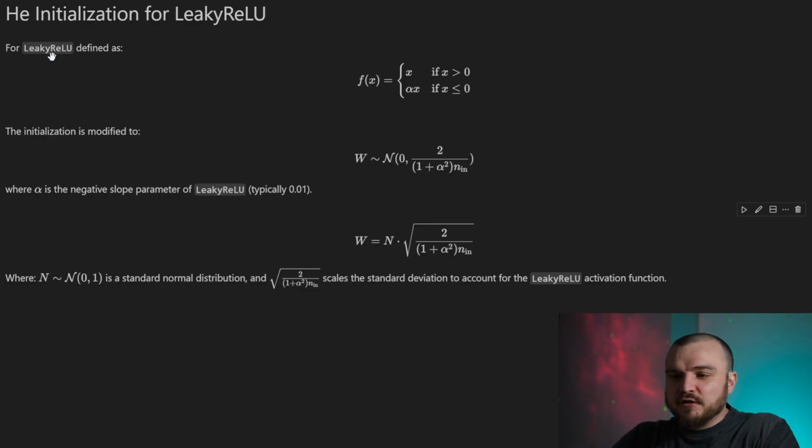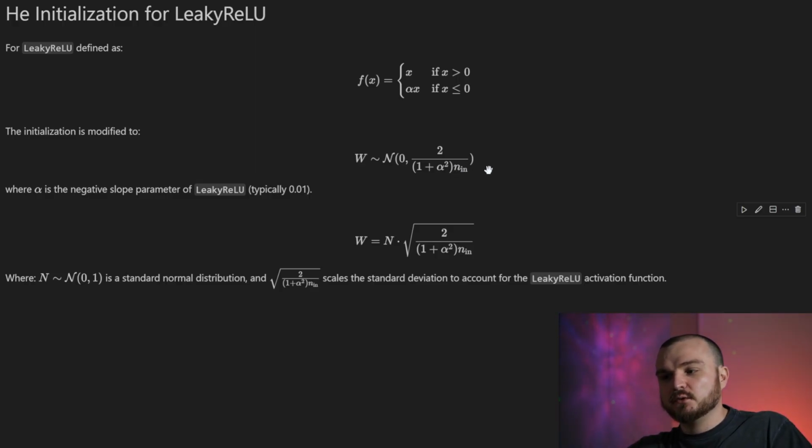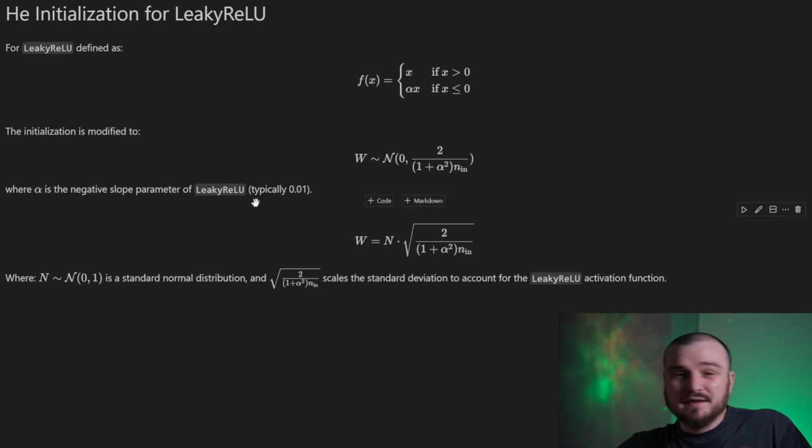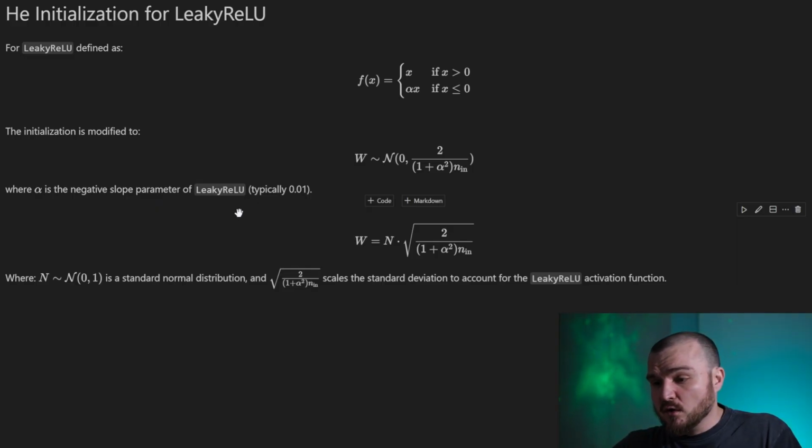For Leaky ReLU defined as this function, the initialization is modified to this normal distribution with 0 mean and variance 2 over 1 plus alpha squared times the number of input neurons. Alpha is the negative slope parameter of Leaky ReLU, and typically it's 0.01.